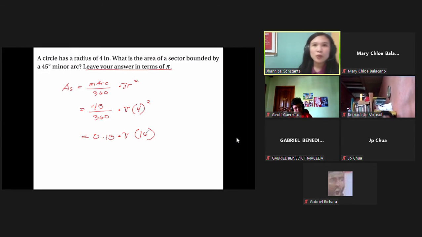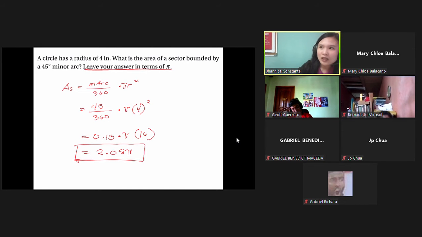So 0.13 times 16 is equal to 2.08 pi. So that is the area of our sector in the circle that is given in the problem. So pag may nakalagay, leave your answer in terms of pi, walang papagpuhin kay pi.